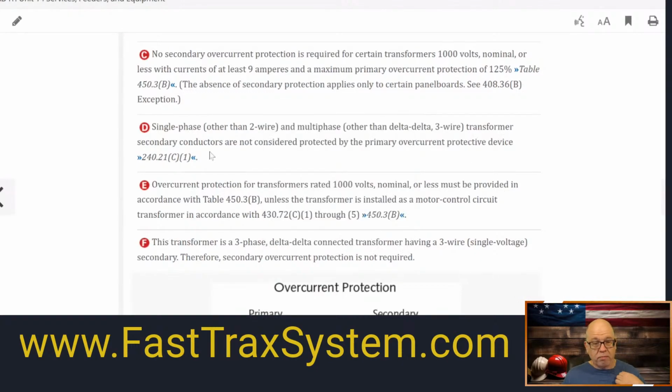Okay, so you can't have primary only protection in your scheme, whether you're protecting the transformer or the conductors, primary or secondary. In that same scheme we were talking about, if you're dealing with all other types of transformers, the normal ones we deal with, then you're going to have some type of secondary protection to protect not only the transformer, but also the conductors. So you have to think about that in your design, okay?